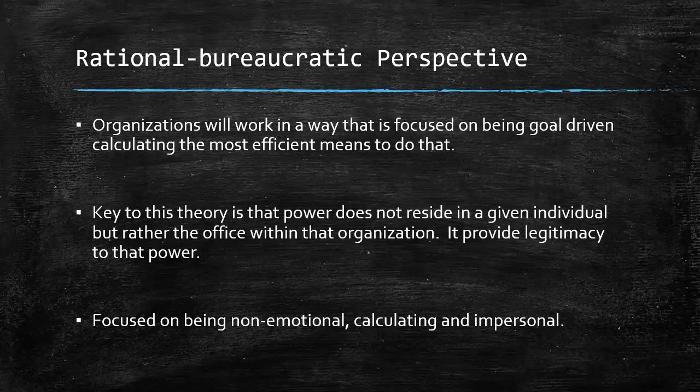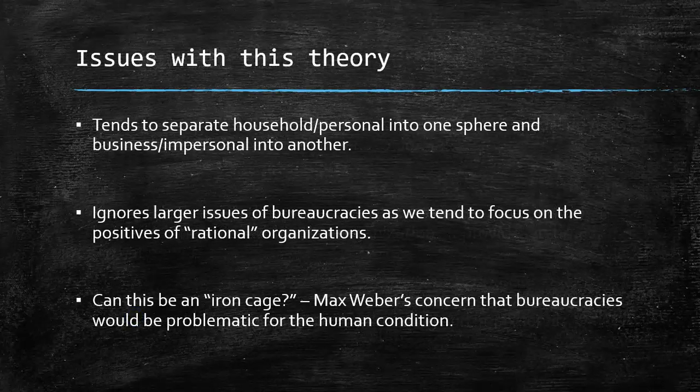This theory is very focused on being non-emotional, calculating, and impersonal in our interactions, all of which may lead to some of the downsides, because quite often we don't tend to be that. Your reading points out some major issues with this theory. Three of the ones that I just pulled out really quickly: it tends to separate us into different spheres, which may have been more true in the past.